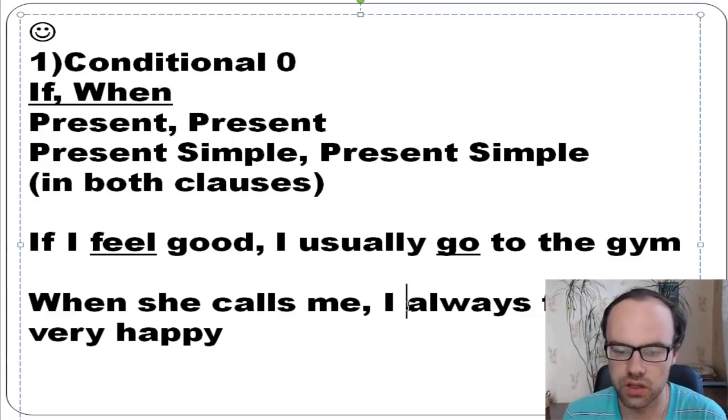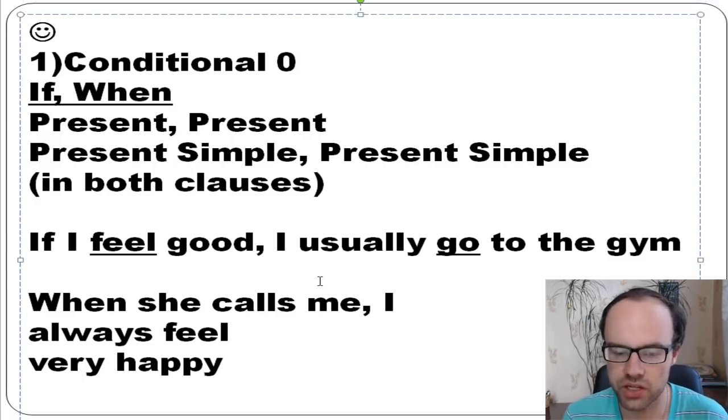Look, one more example, the second one. When she calls me, I always feel very happy. So it's present simple again. But please, many students make a very common mistake.